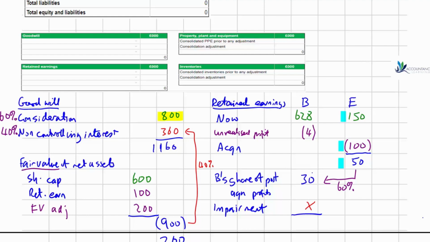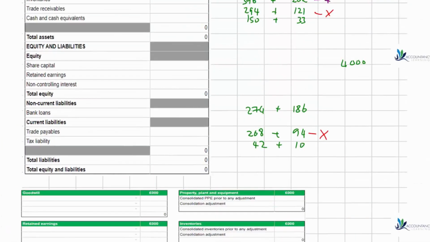So we are entitled to 30 of their profits because we own 60% of the company. So that means when we add up our total column, we have group retained earnings of 654. Okay, so we can put that answer 654 into our answer.